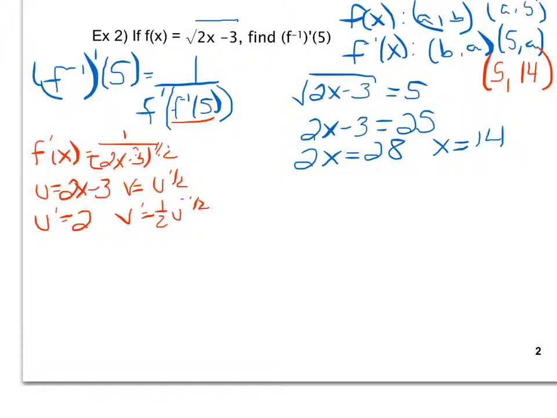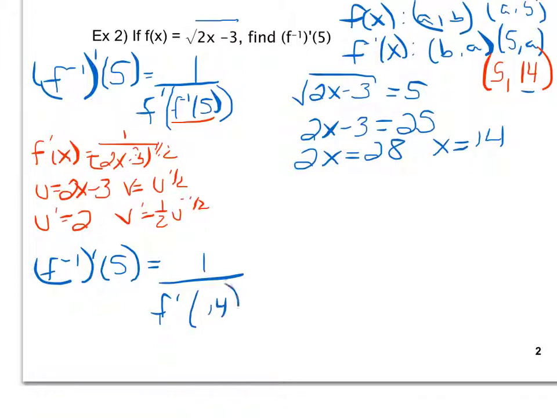So now I'm going to plug back into my formula. f inverse prime of 5 equals 1 over f prime of f inverse of 5, and f inverse of 5 was 14, which equals 1 over f prime of 14.